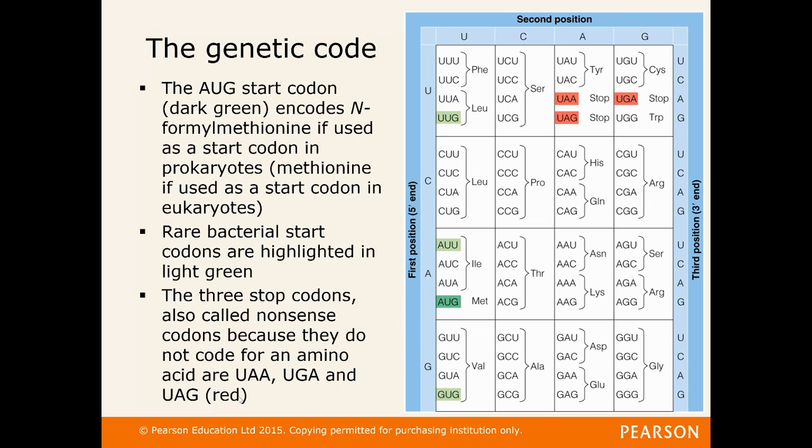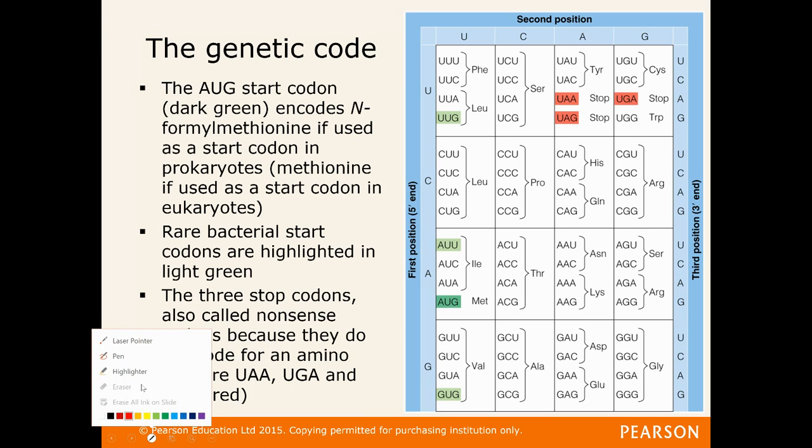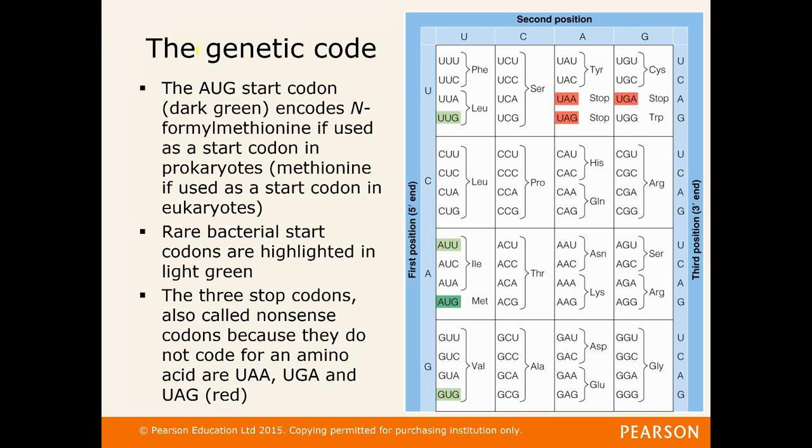Okay. All right. Let's look at some really interesting things up here. If you notice, I'll highlight it with the highlighter. These are the 3-letter codes for phenylalanine. These are the ones for leucine.